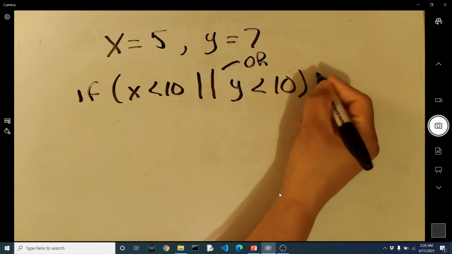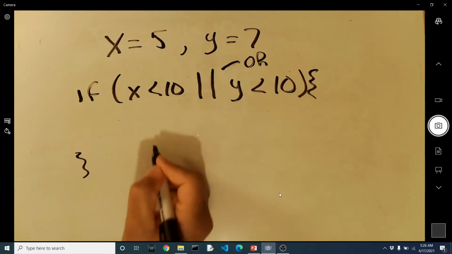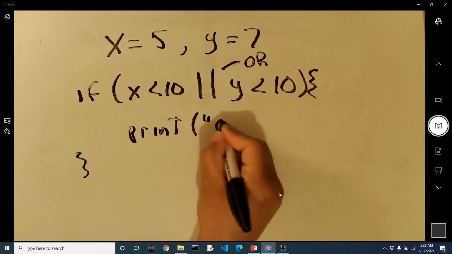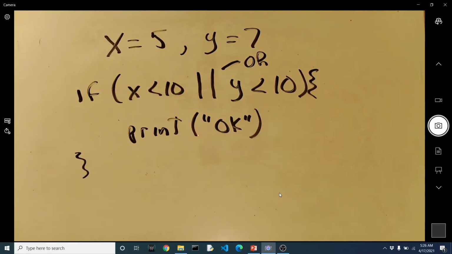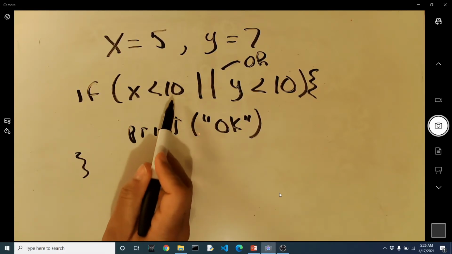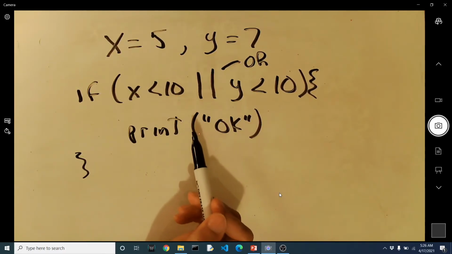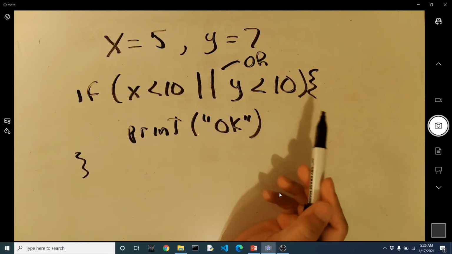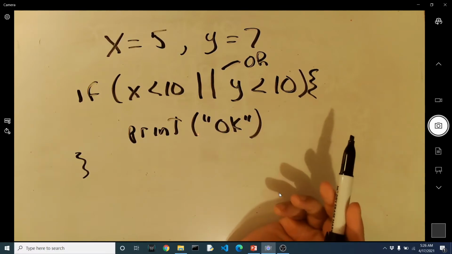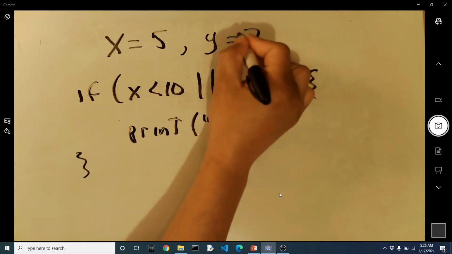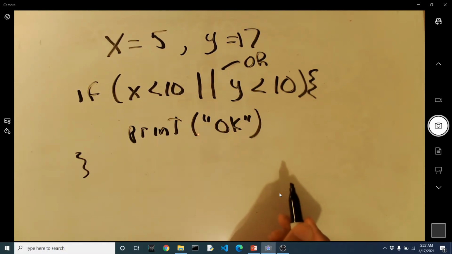Okay, so going back to our same scenario of, let's see if we can print out the word okay. Let's ask ourselves, is x less than 10? Well, it is. Or is y less than 10? In this case, it happens to be that they're both less than 10, so we're going to print out the word okay. Let's flip this around. Let's make this 17.